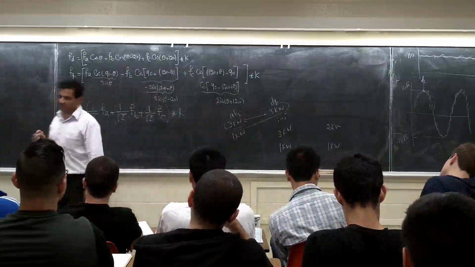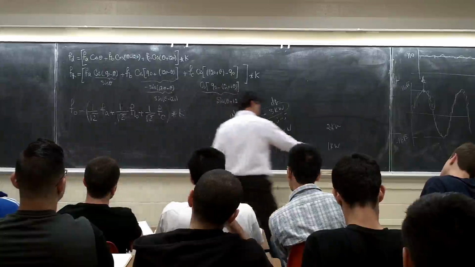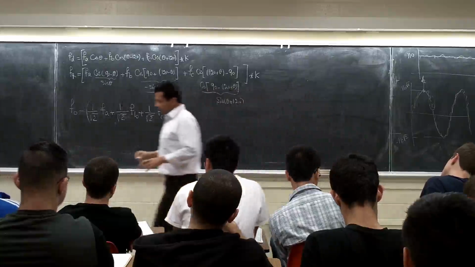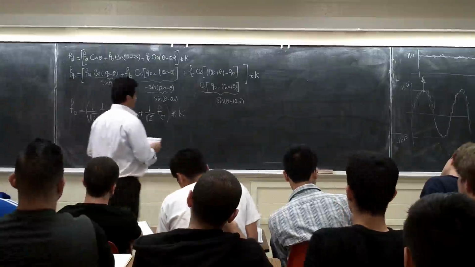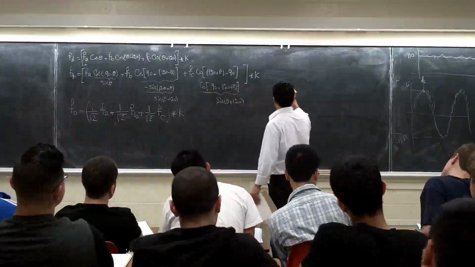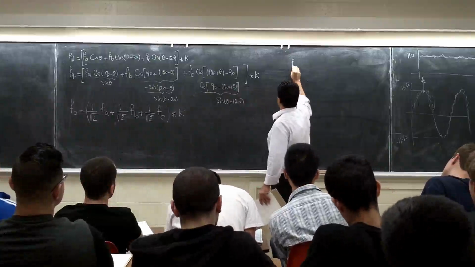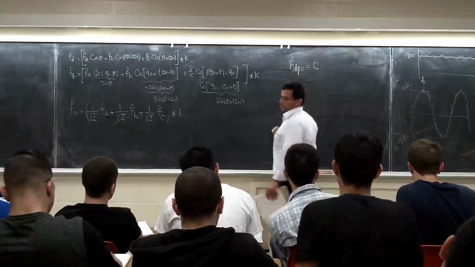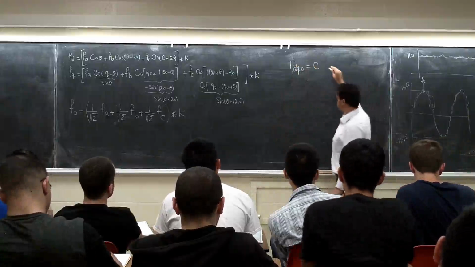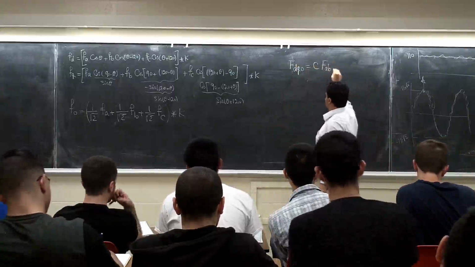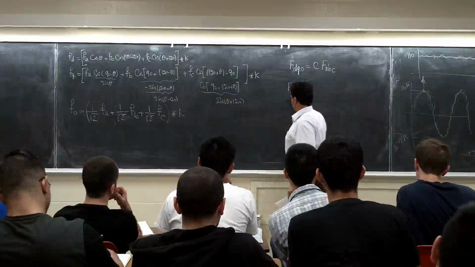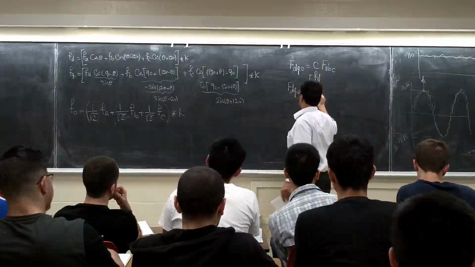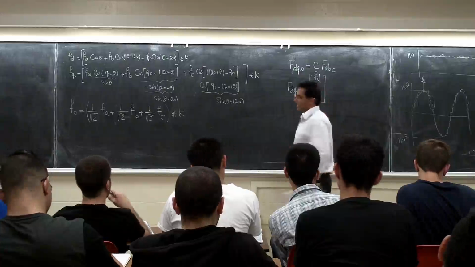So now I'm going to go back to this K value. I call my matrix C. I'm going to make it simple. F DQO is equal to C, where C is a matrix, times F ABC. F DQO is F of D, F of Q, F of O. I'm just using F as a general name.